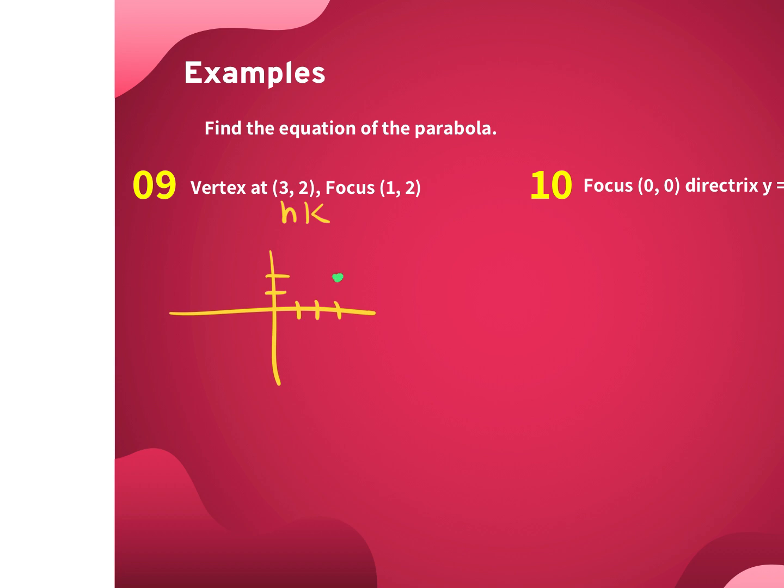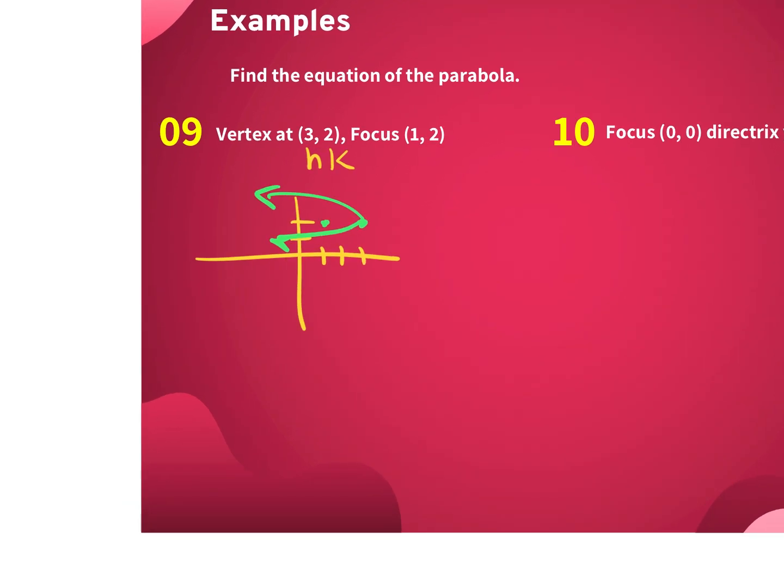And then my focus is going to be +1, +2. And again, remember, your parabola surrounds that focus. So this is going to be the y squared graph, and my p-value is going to be negative. So y minus k. K is always with y. 4p x minus h.